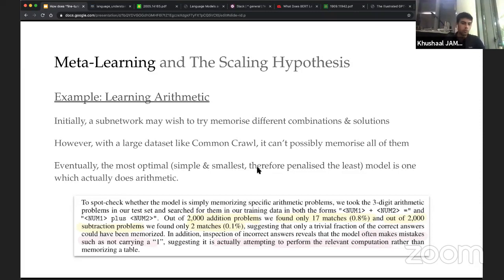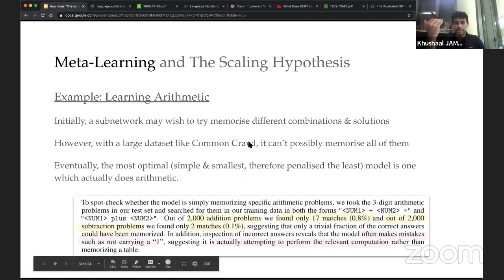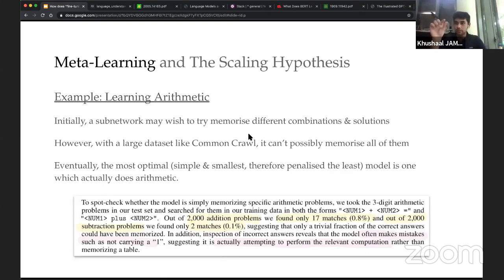If you look at what the GPT paper says, it finds that for its synthetic arithmetic tests, very few of the problems are actually found in the training set, which indicates that it's actually doing addition or subtraction. And if you look carefully at the mistakes it made, it's as if it's, for example, forgetting to carry forward a 1.